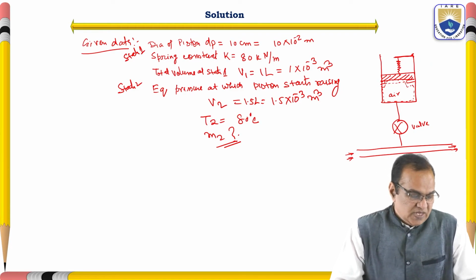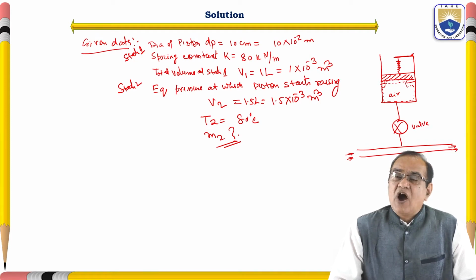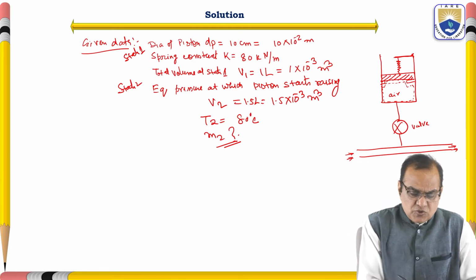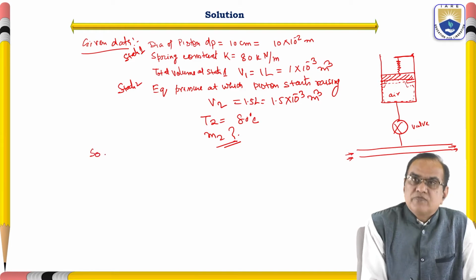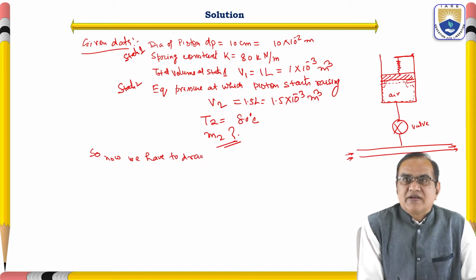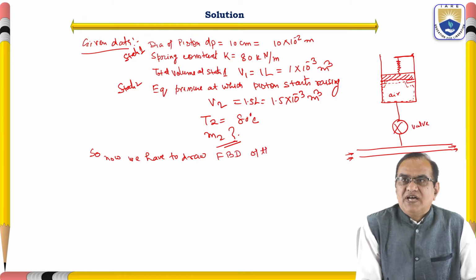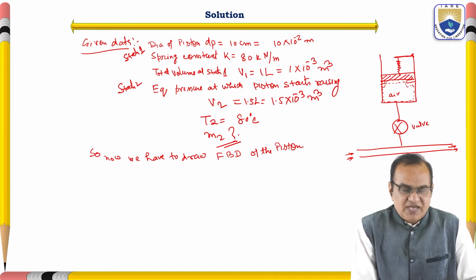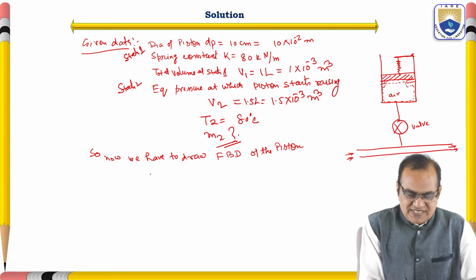The question is, how much will be the mass of air in this? So now we have to draw the free body diagram of the piston. What are the forces acting on the piston? I will draw the piston here.